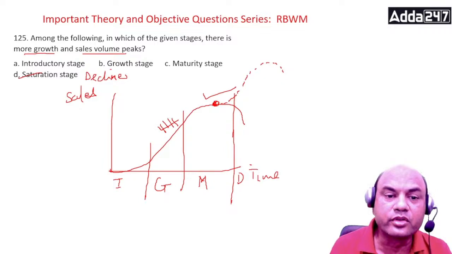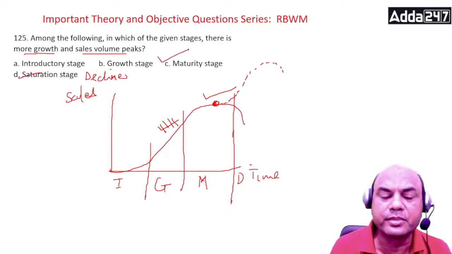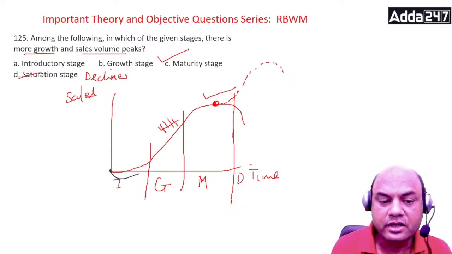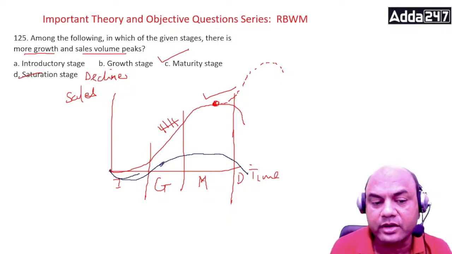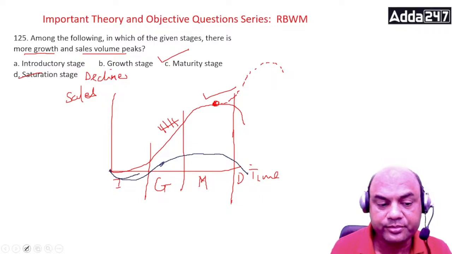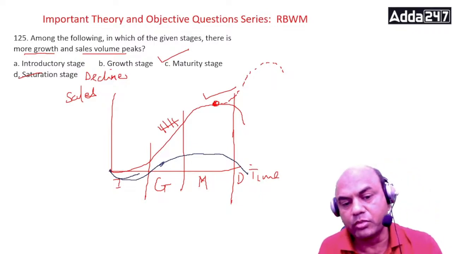Got it? So the sales volume peak is in the maturity phase. If you look at the profit graph, it will be like this. It will go down first, then it will start growing over here, and then it will keep growing. So profit will be first negative, while sales will start from 0. That is the difference. Okay. Move on.